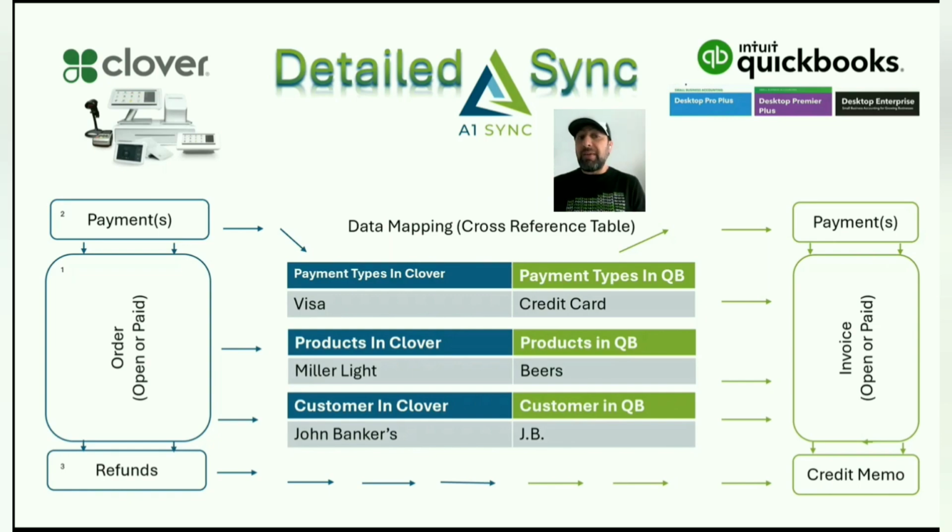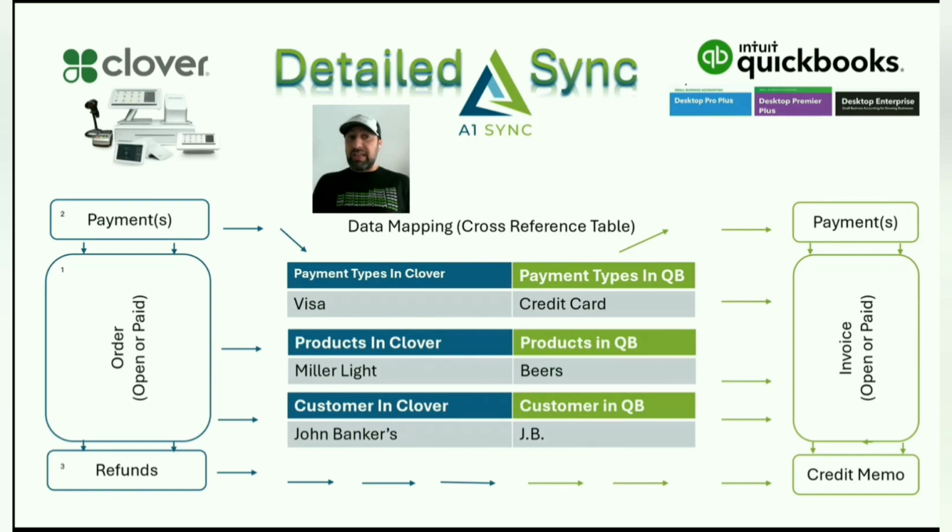And then there are payments, and payments are related to orders, right? So a payment closes out an order, makes it complete. And in QuickBooks, a payment is a separate object. There's an invoice, and then there's a payment. And so we can do the same thing. Now, Clover allows you to split payments. QuickBooks has no problem with splitting payments.